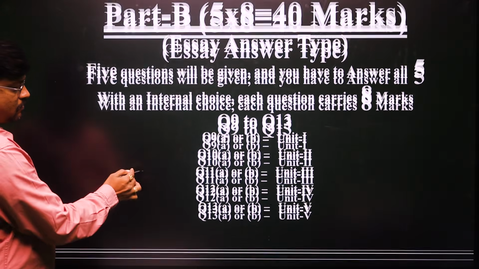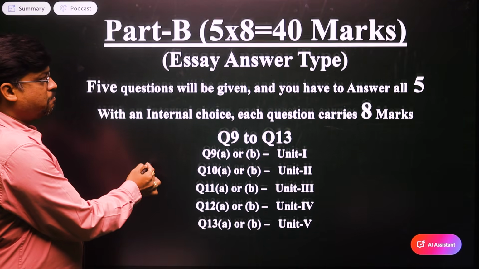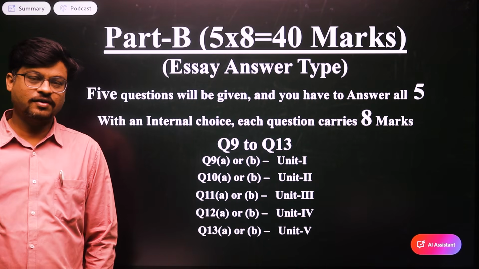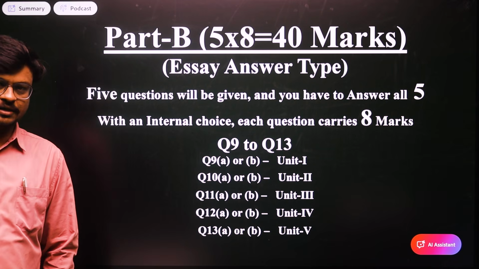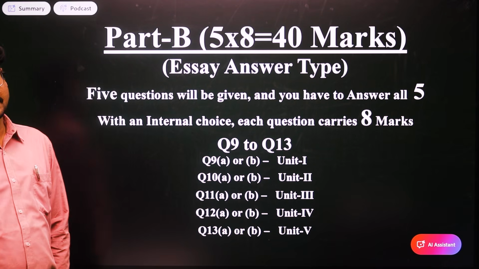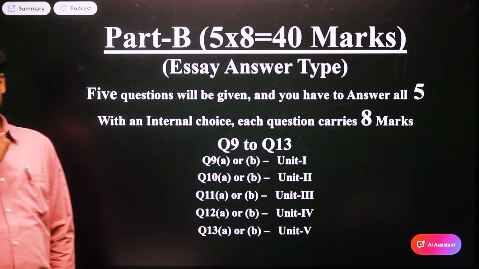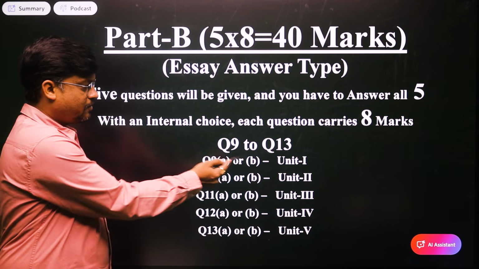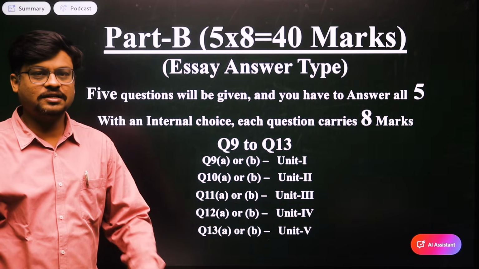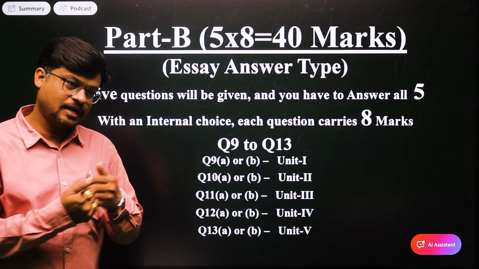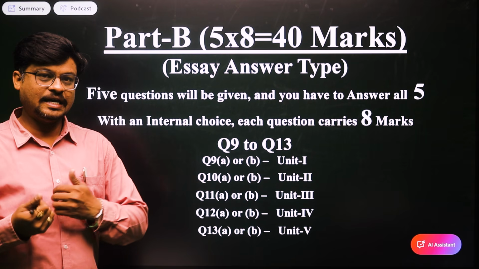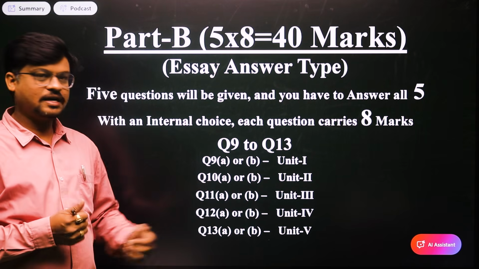After this, in part B, you have 5 questions, each carries 8 marks and you need to answer all the 5. From each and every unit, you will have 1 question each, and you have an internal choice. You need to attempt either question number 9A or 9B, question number 10A or 10B, 11A or 11B.